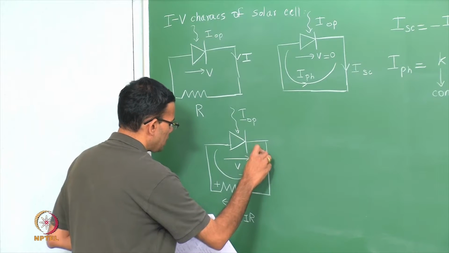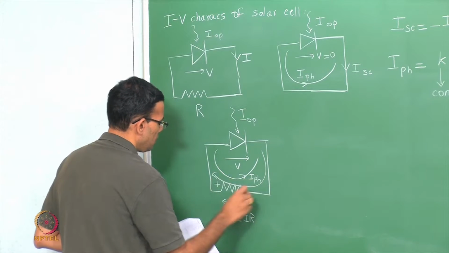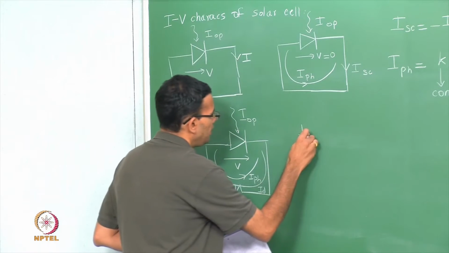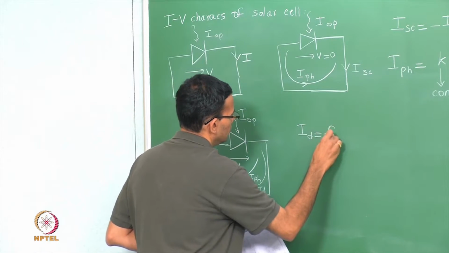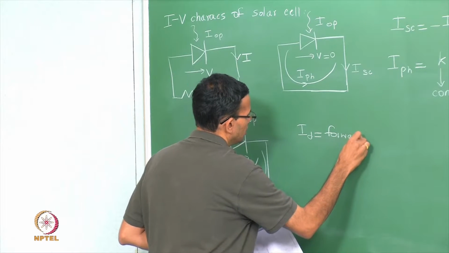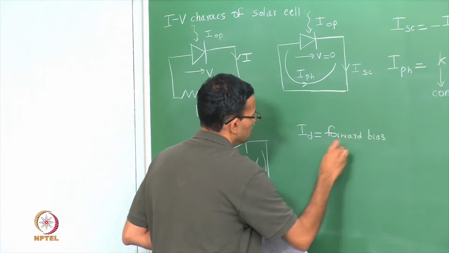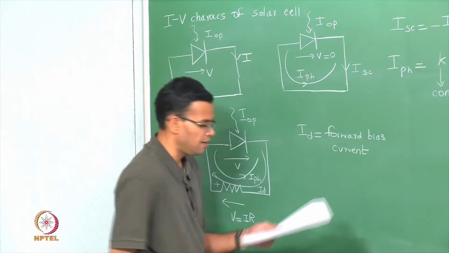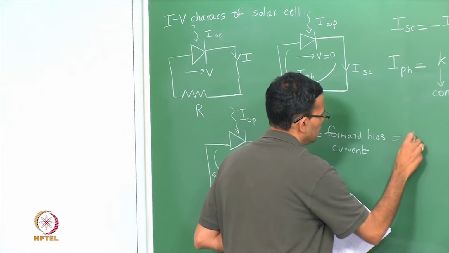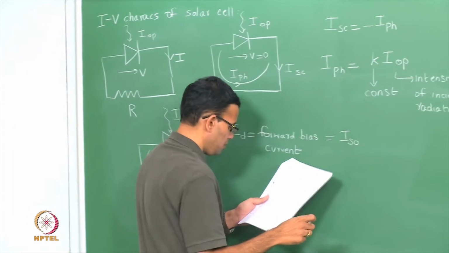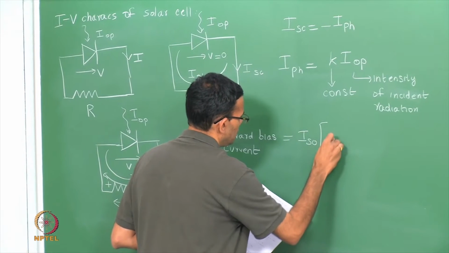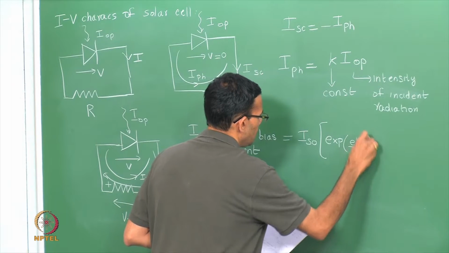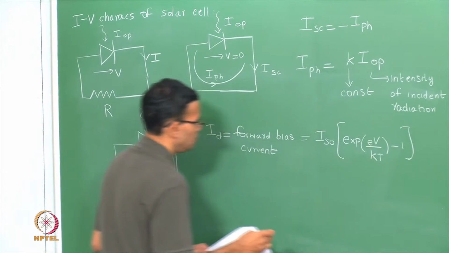The forward bias current goes the other way, I am going to call it ID, which is your forward bias current, and you can write the standard diode equation for this as IS naught, where IS naught is the reverse saturation current, times exponential EV over KT minus 1.